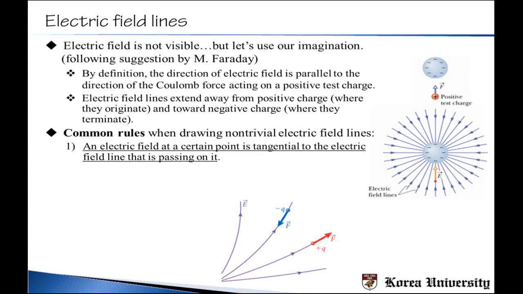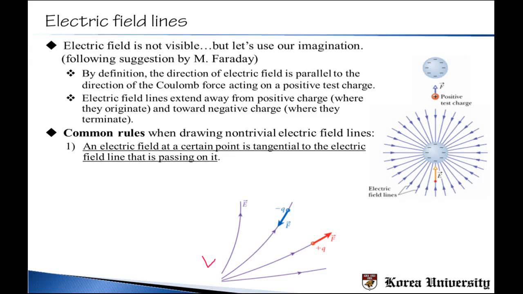The first rule is that the electric field at any certain point is tangential to the electric field line that is passing through it. Let's take a look at this picture here. In this case, the electric field lines are curved.